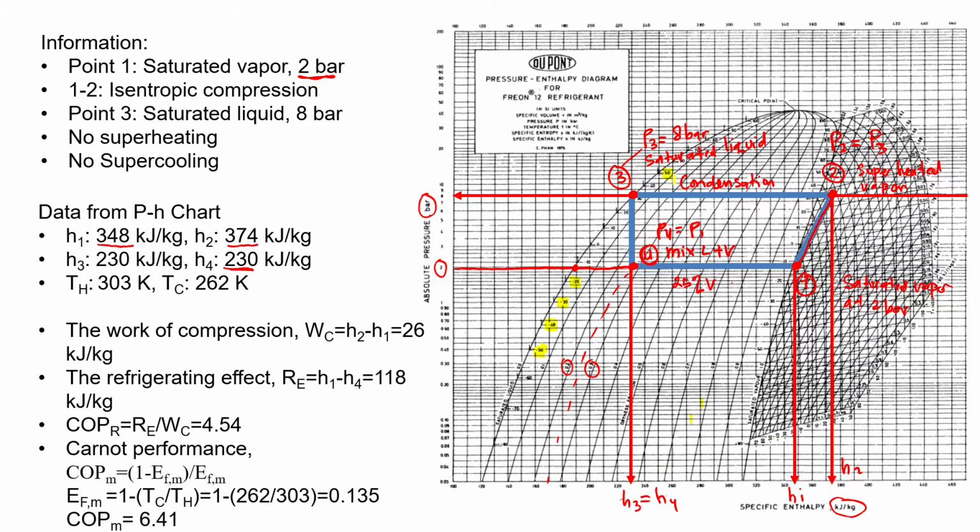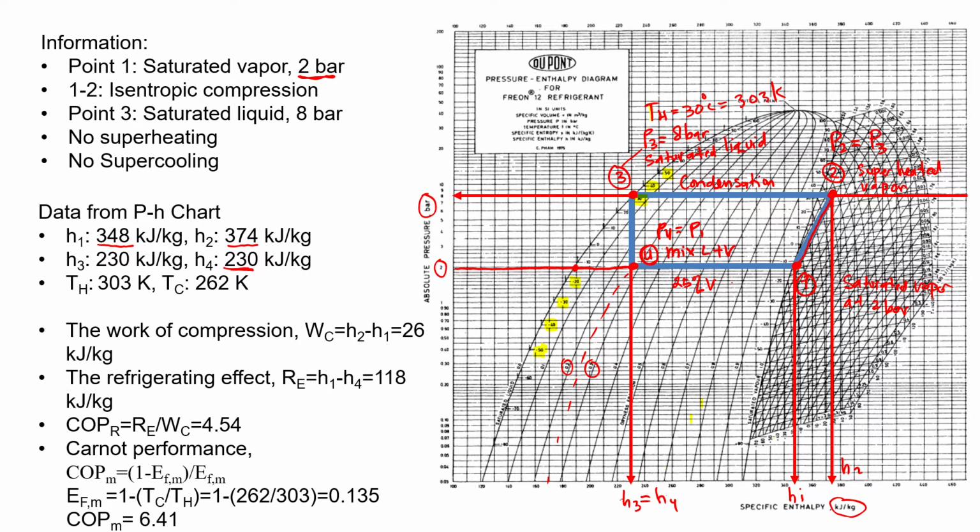This is 50, this is 40, this is 30. So it's about 30. If you bring it to Kelvin, it's 30 plus 273. Here we got TH equal to 30 degrees Celsius equal to 303 Kelvin.